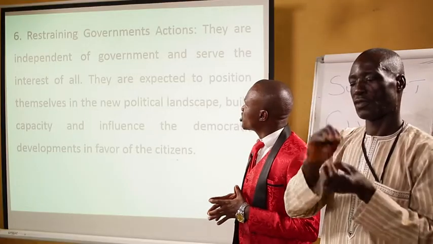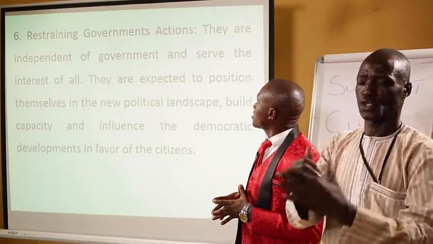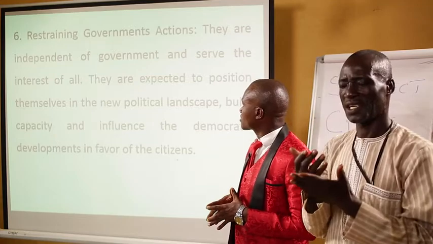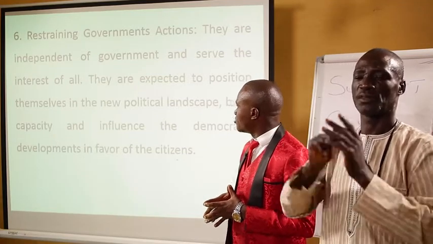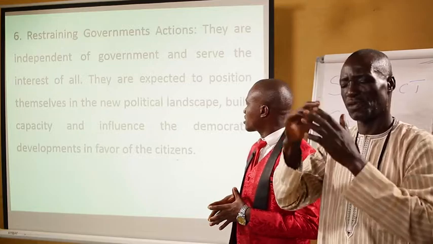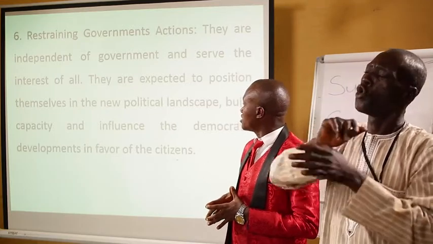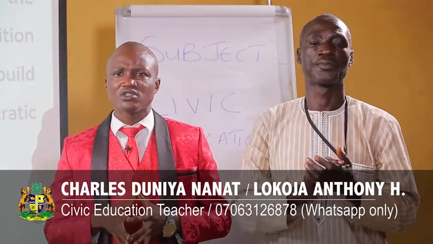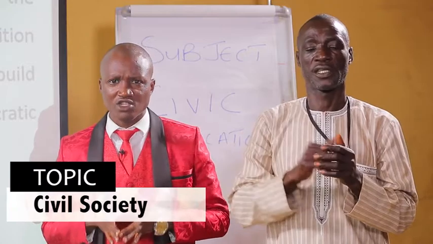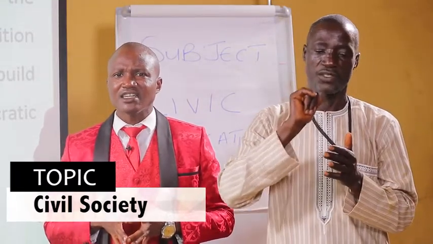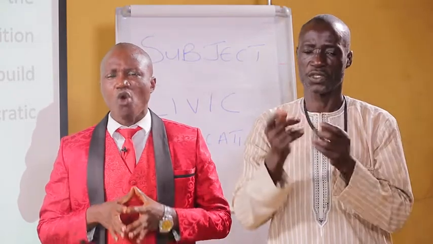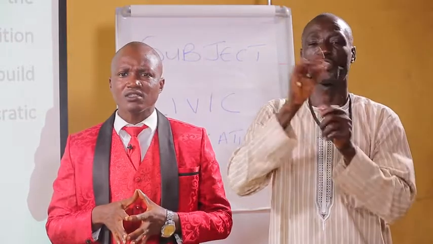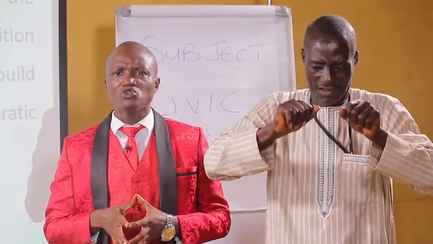Number 6, restraining government actions. They are independent of government and serve the interest of all. They are expected to position themselves in the new political landscape, build capacity, and influence the democratic development in favor of the citizens. So it simply means that civil society organizations are not governmental organizations, like I earlier said, but they work with the government, they partner with the government, they ensure that government is able to deliver to the people.